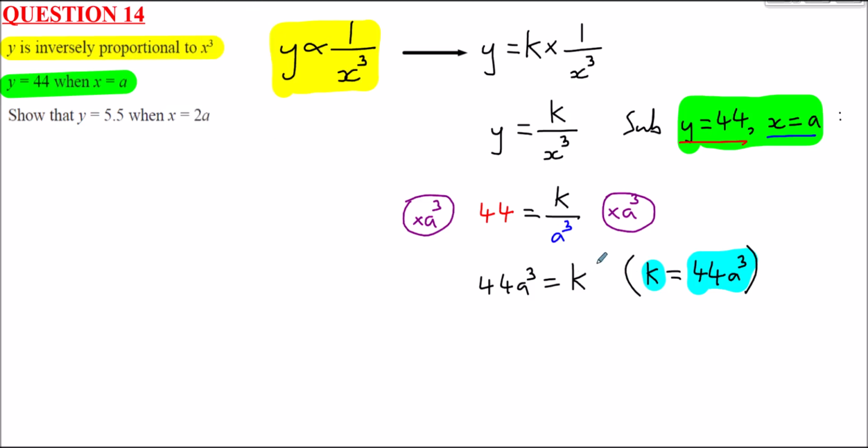So based off this equation, which we can now simplify in terms of 44a cubed, we can say that therefore y equals k over x cubed. We know what k is now, so that means 44a cubed over x cubed. Now we substitute in when x is 2a.